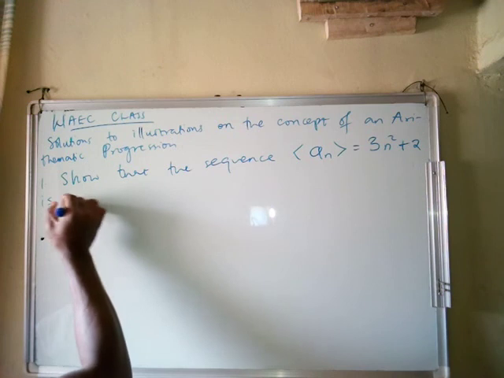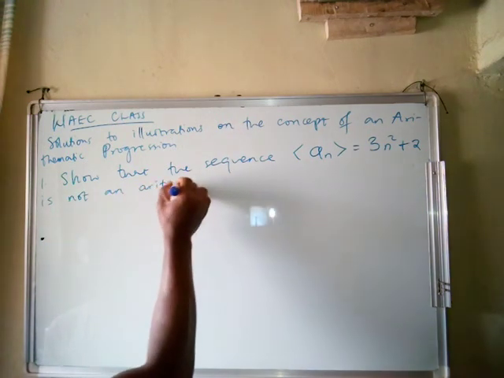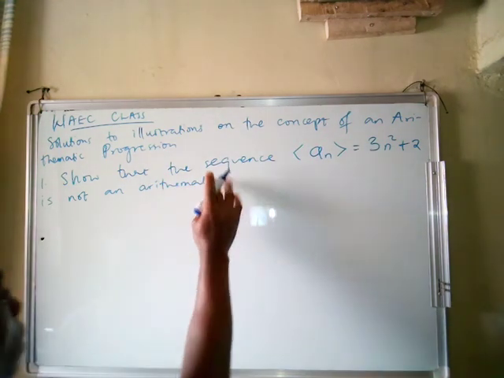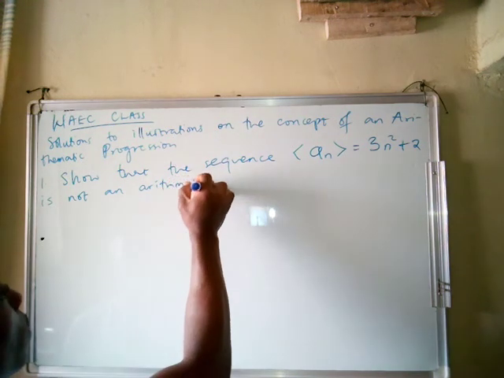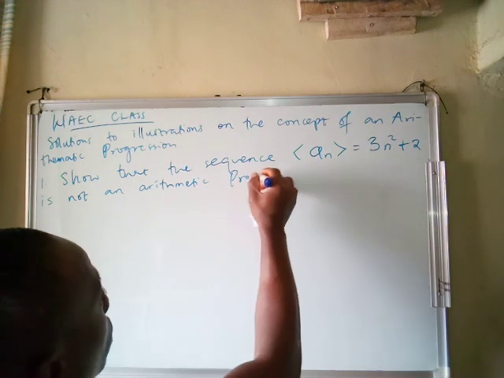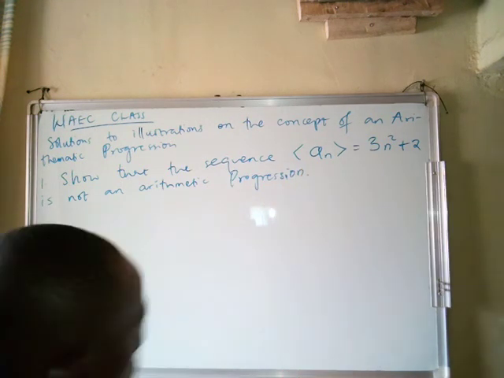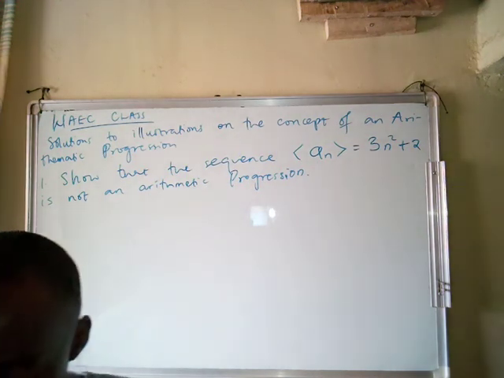They've already told you that it is not an arithmetic progression. So that's the question. You've already been told that it's not an arithmetic progression. So what are you to do?